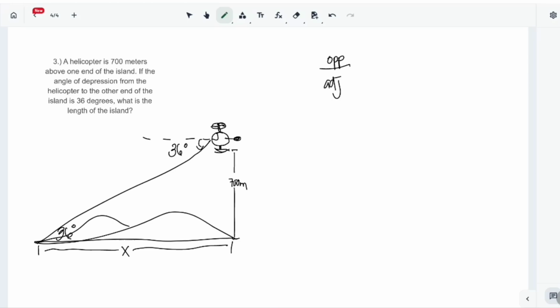And what function again we have here for the opposite and adjacent? It's tangent. Very good. So tangent 36 degrees is equal to 700 over x. So if we have this kind of solution that the variable is at the denominator, what are we going to write next? We are going to write it as x equal to 700 divided by tangent 36.